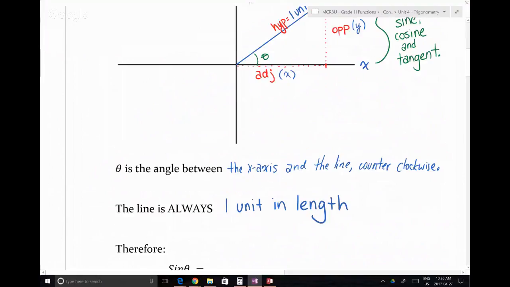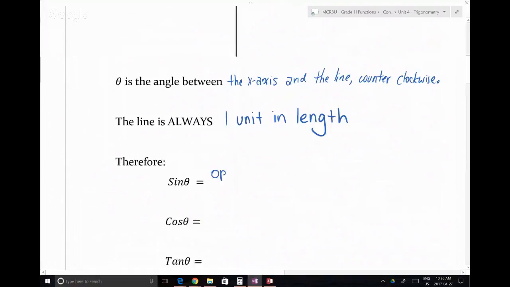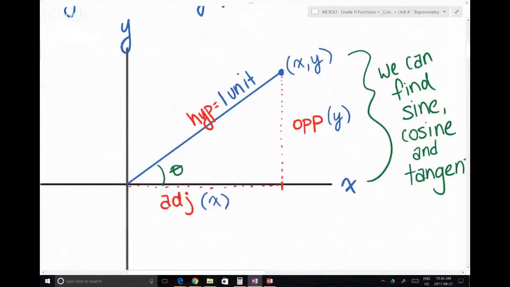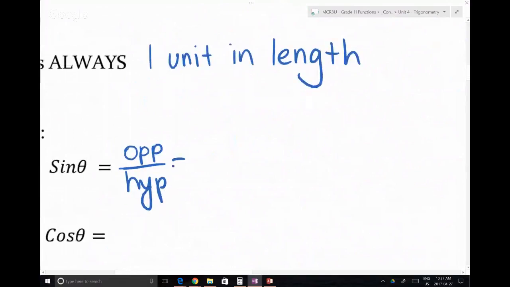So let's keep in mind why we would do this. Well, sine is always opposite over hypotenuse. But if you look up here, the opposite will be the y coordinate of that point. And the hypotenuse is always 1. So this is always going to be divided by 1.